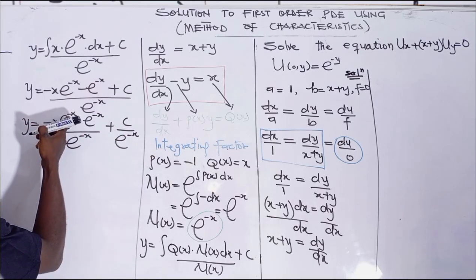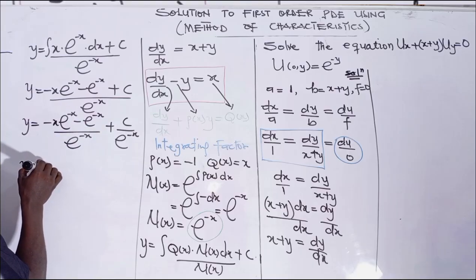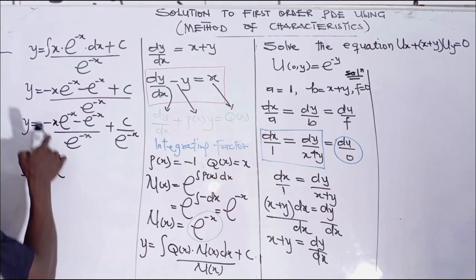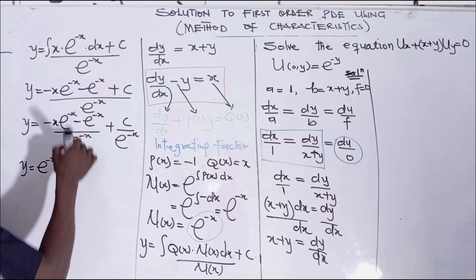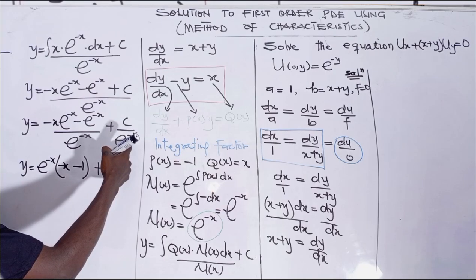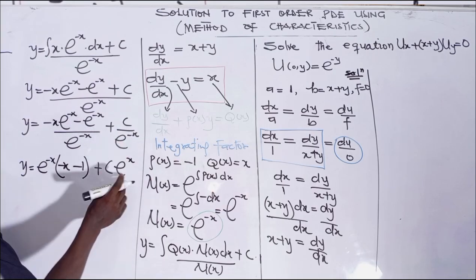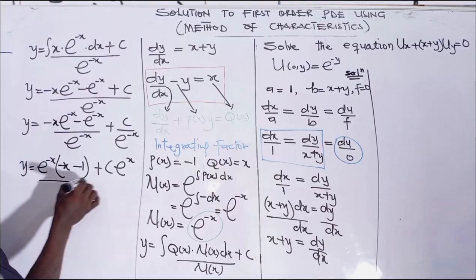Now we can factorize e to the power of negative x out. So we have y is equal to e to the power of negative x, and we are left with negative x minus 1, plus c e to the power of x in index form, all over e to the power of negative x.